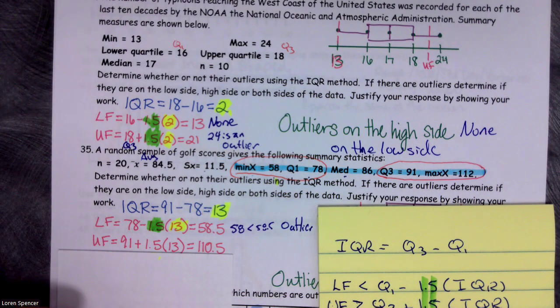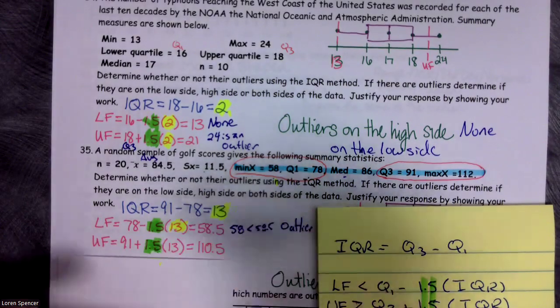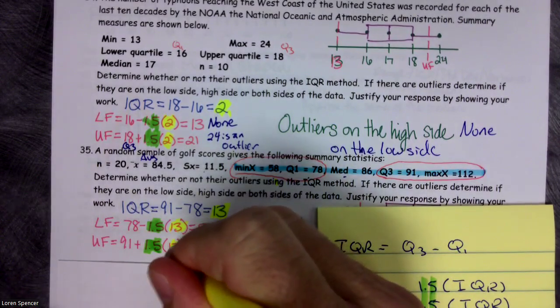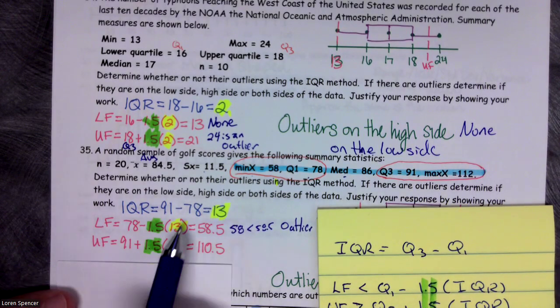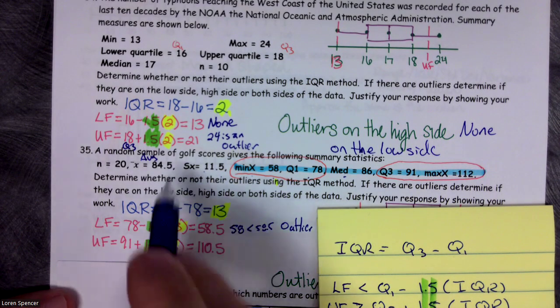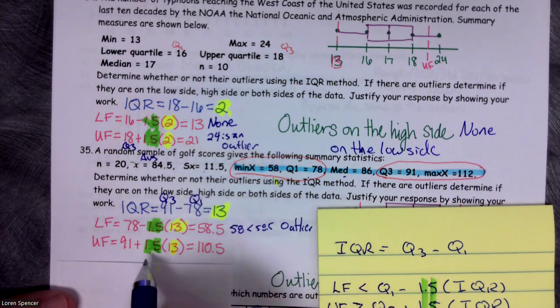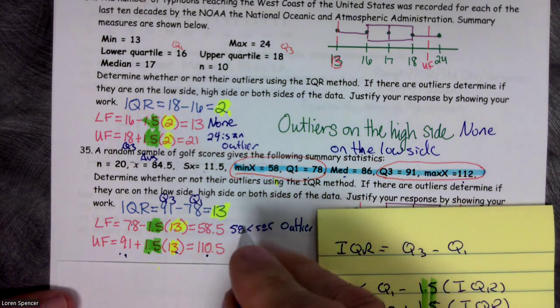On the high side, we have 91 plus 1.5. Once again, that's built into the formula. And then our IQR is 13. I should say this just in case I didn't: the 78, that's Q1. This was Q3. So 91 Q3 plus 1.5 times 13 is 110.5. My max value is 112.